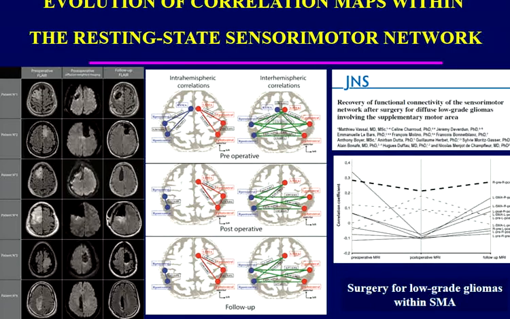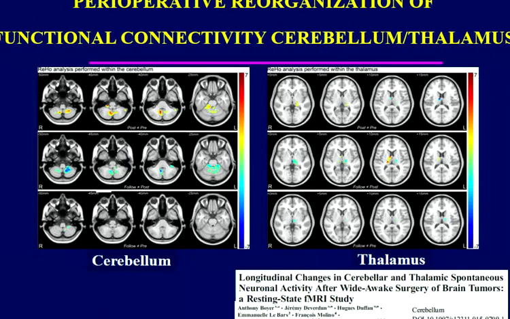And recently, we published a paper with resting state functional imaging before and after surgery, before and after resection of the supplementary motor area, for instance. And we have seen that it was correlated to a decrease of the connectivity between both homologous areas. And then when the patient recovered, you had an increase of this inter-hemispheric connectivity.